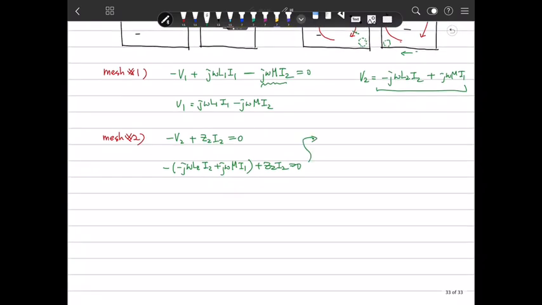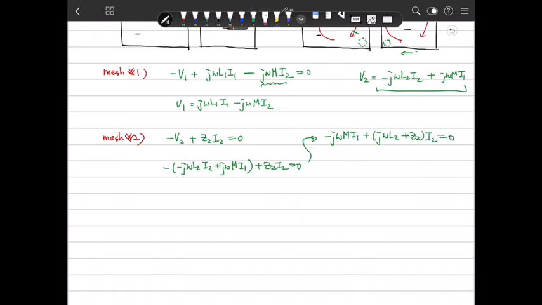Therefore, we simplify: minus jωM I1 plus jωL2 plus G2 I2 is 0.